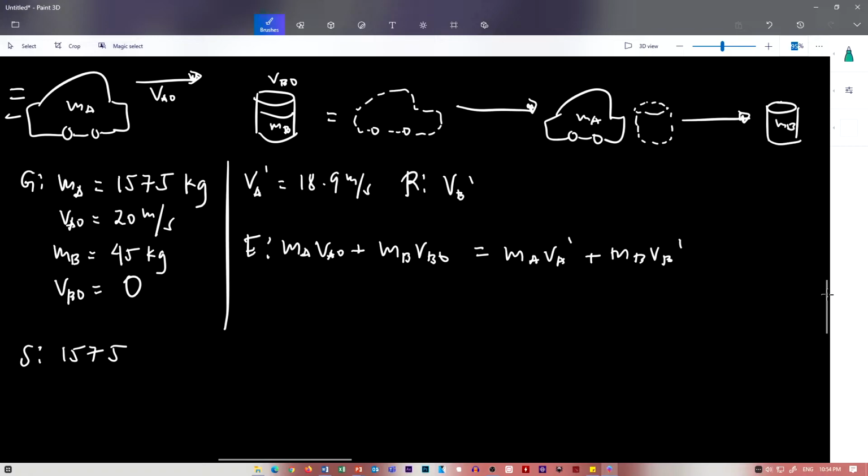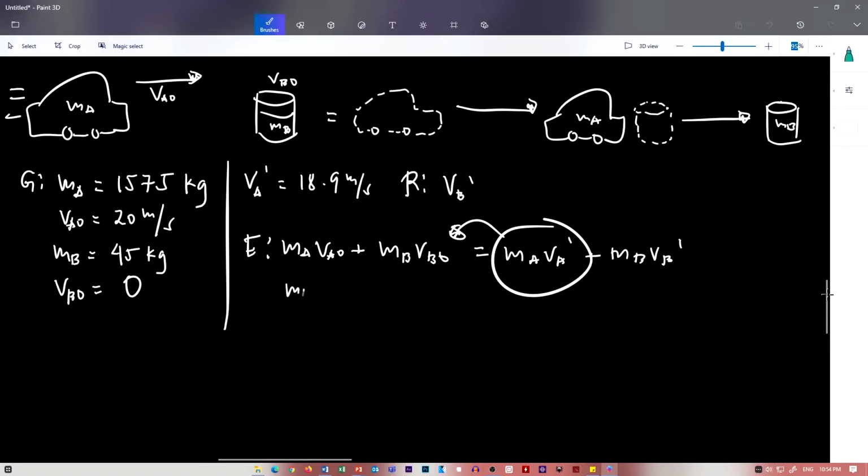1575 kilograms multiplied by... let's derive the equation first, because we're looking for v sub b prime. So transpose this term to the other side, right?